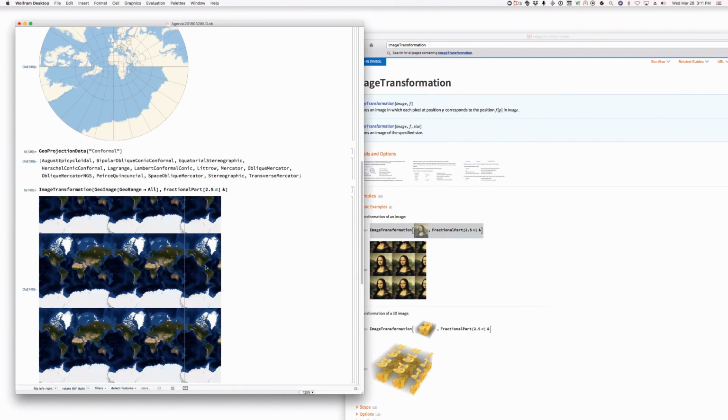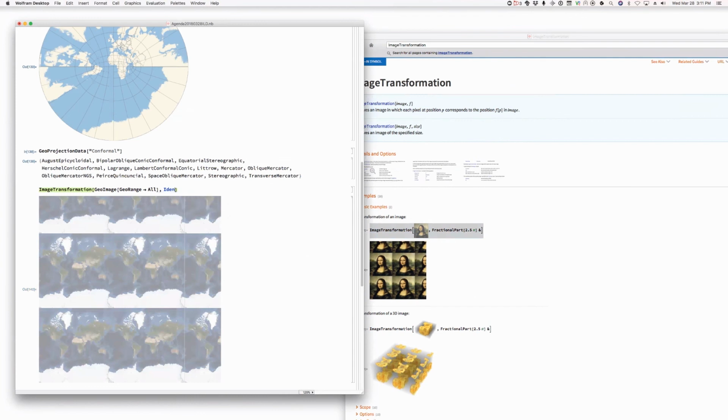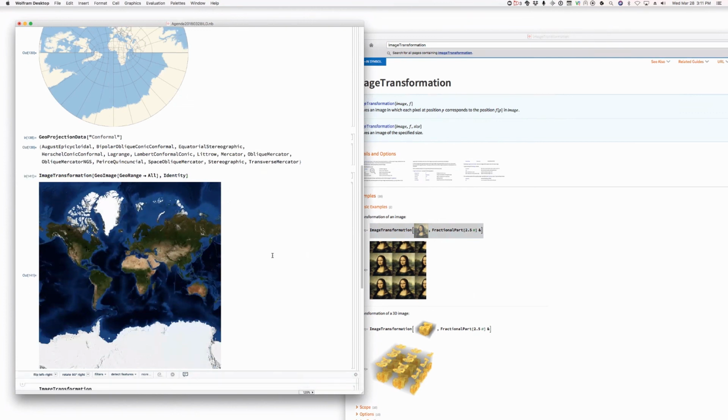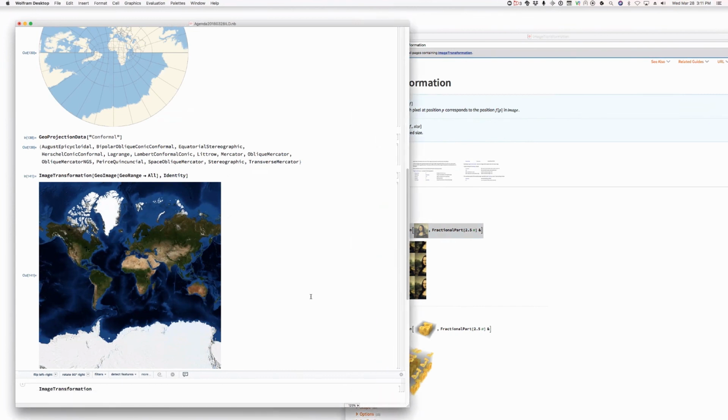Okay. Exactly. So, for example, if I want to do a Mercator projection, do you know one of the projections? If I just have the identity here, that will show me whatever the raw GeoImage is. Right. Which is some kind of equirectangular projection or something? Well, by default, GeoImage chooses Mercator.